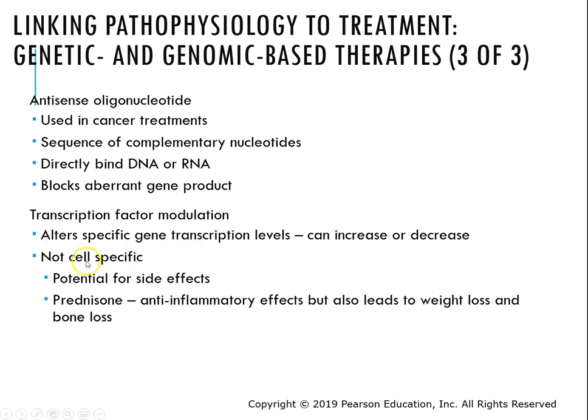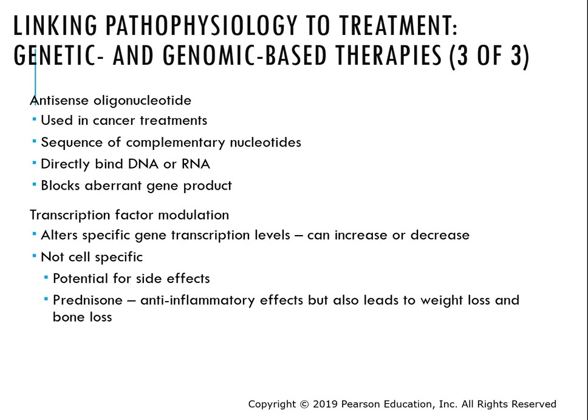Okay, it says here they're not cell specific, and because they're not cell specific, there is a great potential for side effects. So it gives an example in the book of prednisone. Prednisone is a steroid. Steroid hormones will enter the cell, bind to their receptors, and a lot of times once the prednisone binds to its receptor, it'll go to the nucleus and act as a transcription factor.